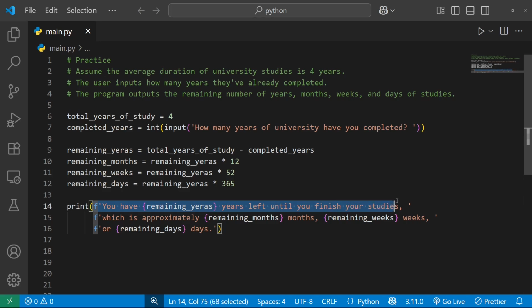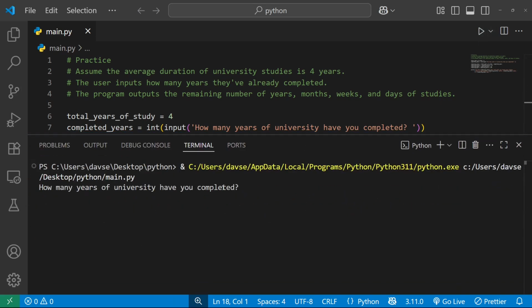It can be only one really long f-string, but I've decided to divide the whole string into 3 separate f-strings. Okay, but it will look like one whole string, one long string in the terminal. So we can try.